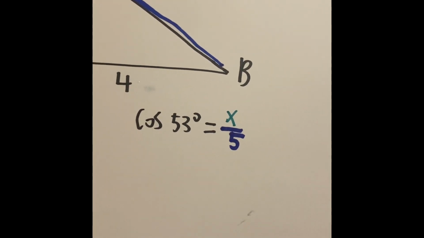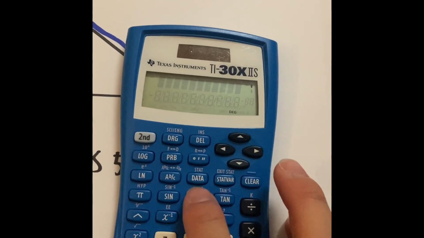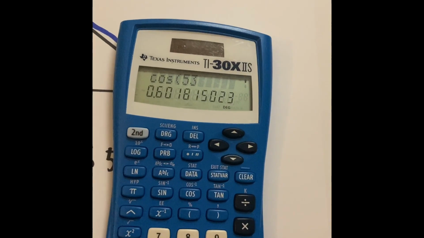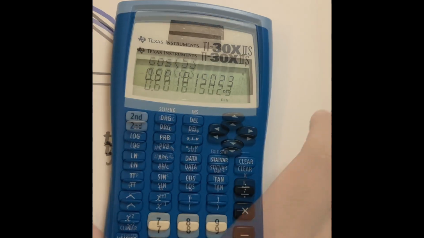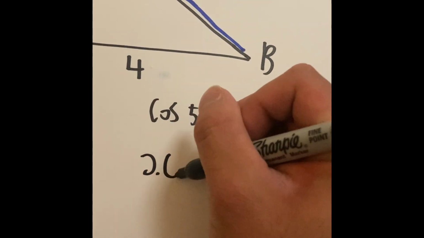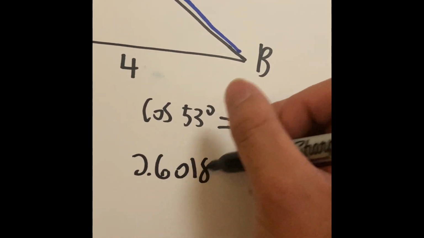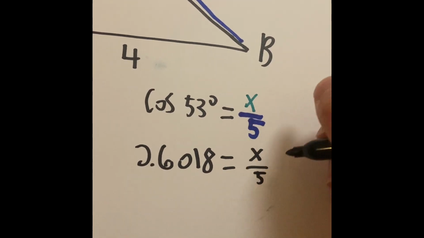Now we have to find the cosine of 53 degrees. So cosine of 53 equals 0.6018. I'll take it. So 0.6018 is going to equal x divided by 5.